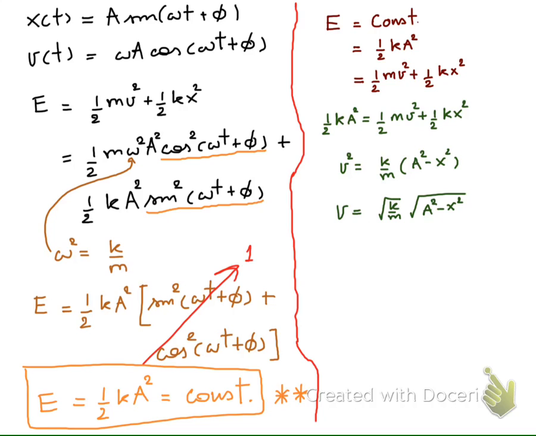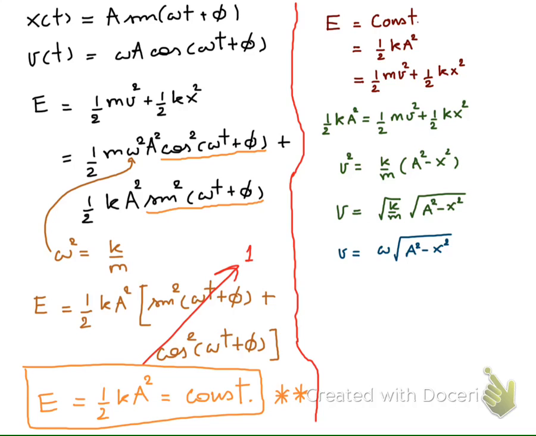But from the definition, we know that the square root of k over m is omega. So we have that v is equal to omega times the square root of a square minus x square.